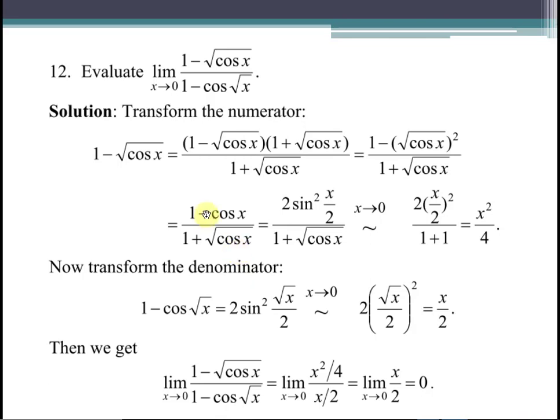So we consider what will be the answer of 1 minus cosine x as x tends to 0. Using the half angle, we get the next one. If x tends to 0, we have 2 times x over 2 squared, because here we have squared. And in the denominator we have just 1 plus 1. So it means we get the answer x squared over 4.